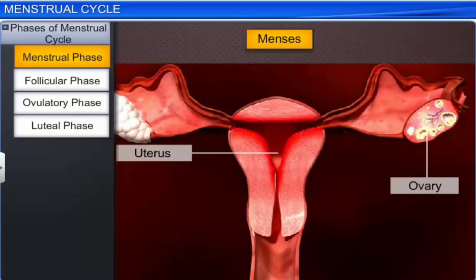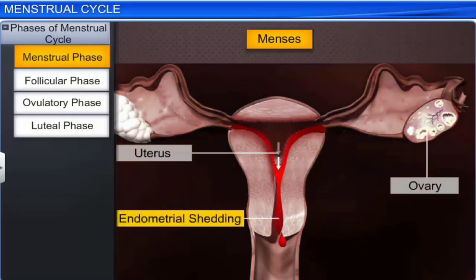For instance, during the menstrual phase, the endometrial lining of the uterus and its blood vessels break down and mix with blood, mucus, and other cell debris to form menses.